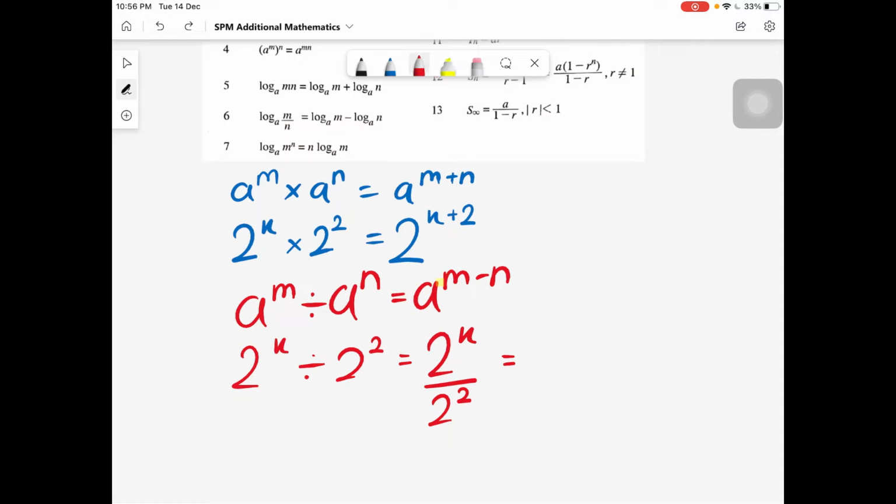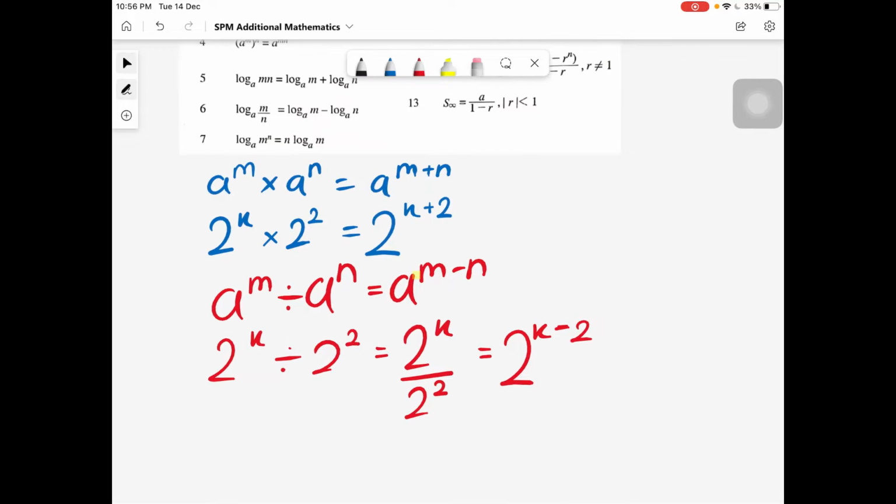Yes, I can. Can I say that my m equals to x? Yes, I can. Can I say that my n equals to 2? Yes, I can. So minus 2.